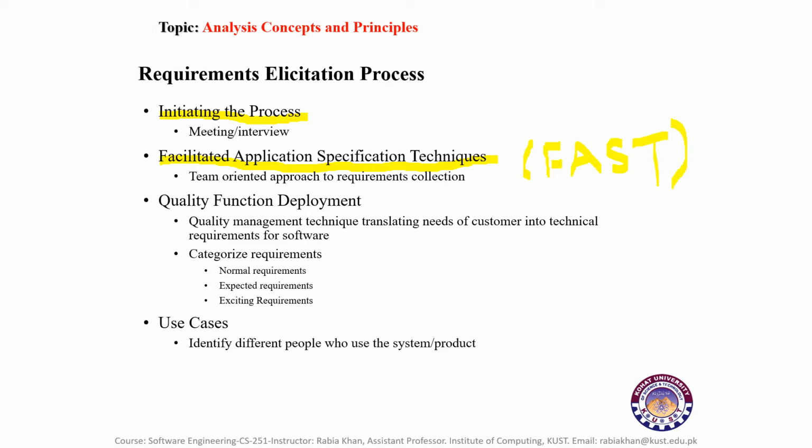Too often, customers and software engineers have an unconscious us-and-them mindset. Rather than working as a team to identify and refine the requirements, every individual within the communication process defines their own territory and communicates through a series of memos, formal documents, and question-answer sessions.